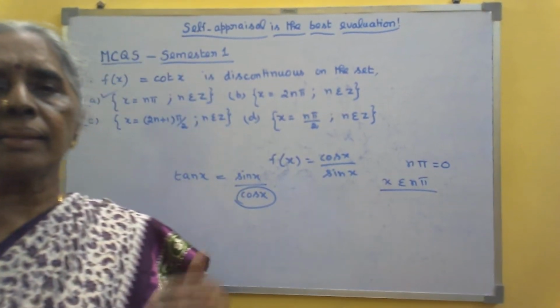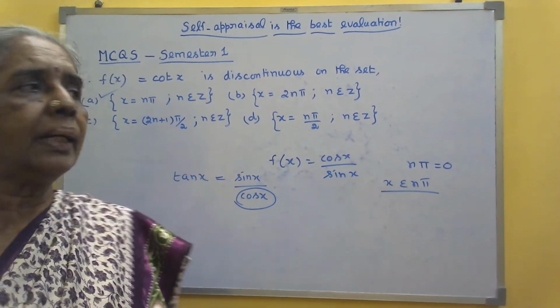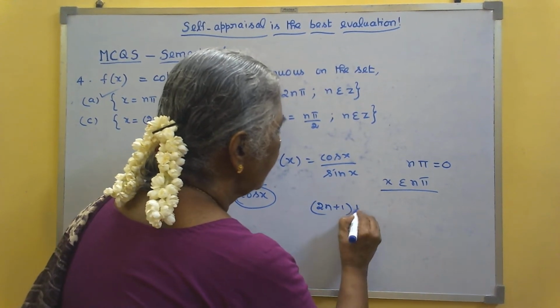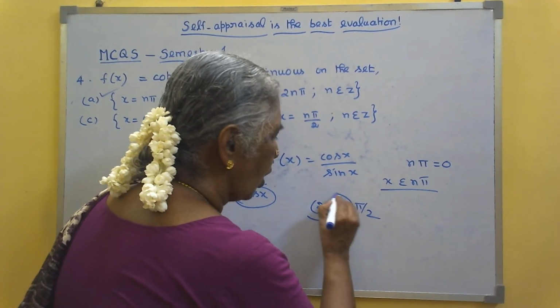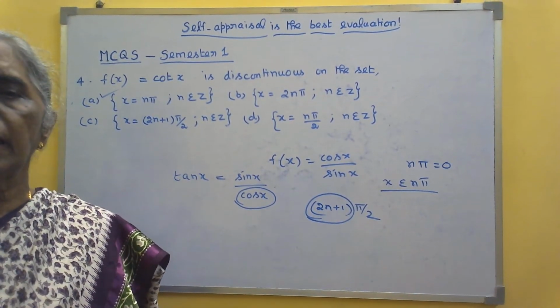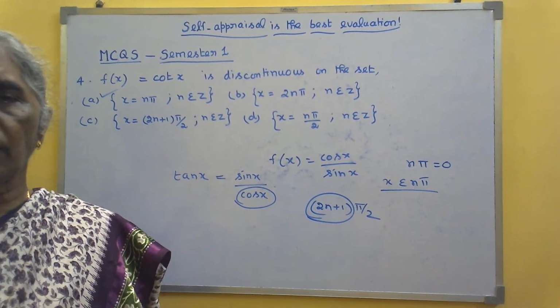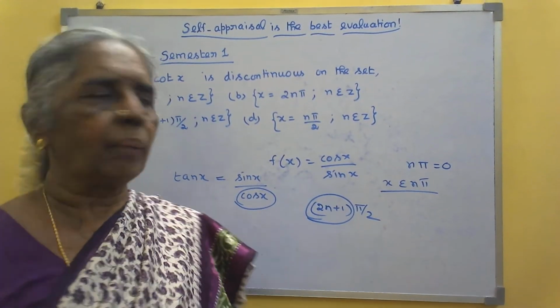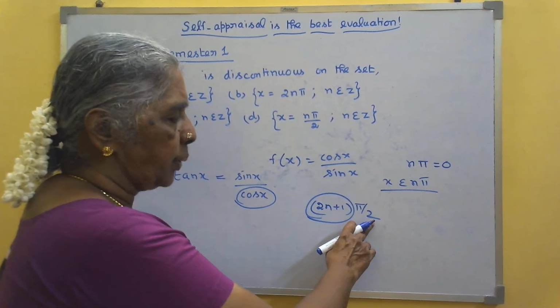So, what is the generalization of odd multiple? It is 2n plus 1 into pi by 2. This will always be an odd number because 2n will definitely be an even number for whatever values of n. If you add 1, that will become an odd number. So, 2n plus 1 pi by 2.